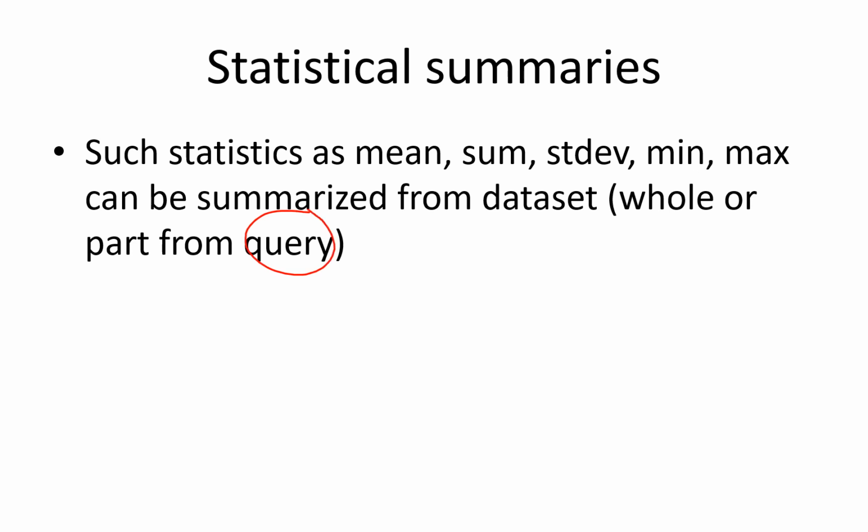Like what we've just said, if you wanted to get only the fields whose pH is less than 6, for example, we'll get the mean area of those fields, the sum of those fields, the standard deviation, and so forth.